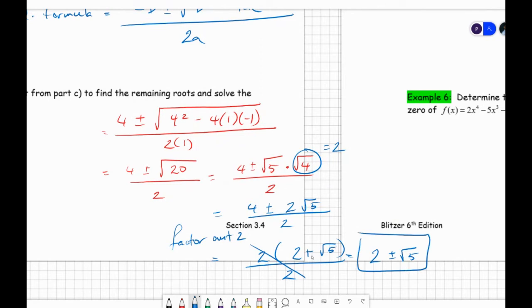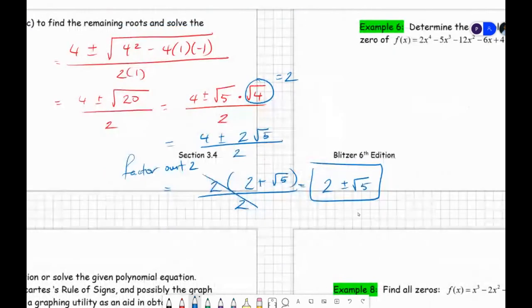Okay, so I got 2 plus or minus square root of 5 as my final answer. And this answer here is not rational. It is called an irrational zero. Do you have any question on how to simplify this right here? Square root of 20.